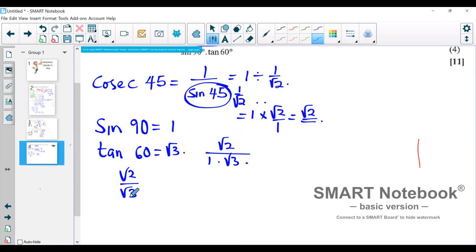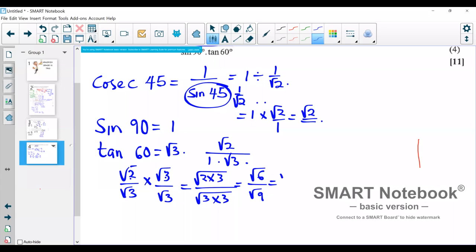And remember what we said, we do not leave our denominator as a square root. So we rationalize by multiplying by root 3. Root 2 times root 3 is square root of 6, and root 3 times root 3 is square root of 9.